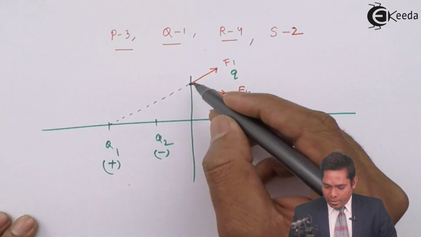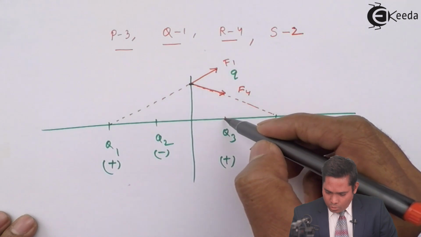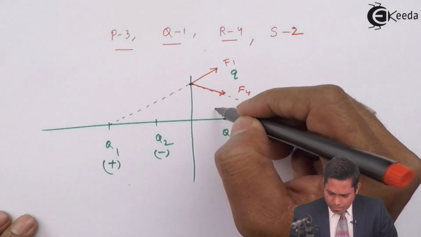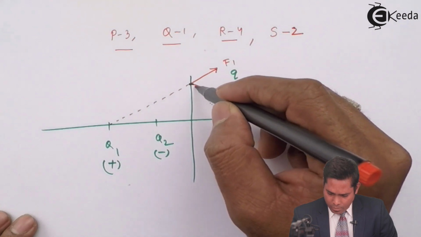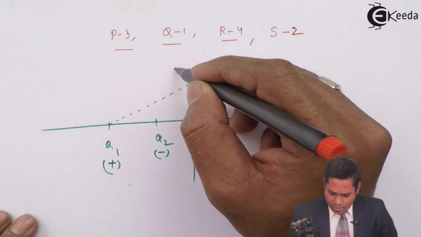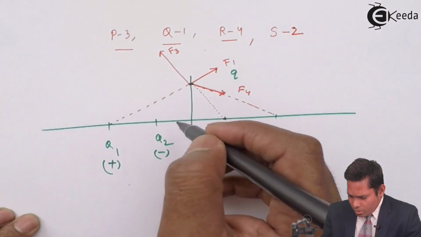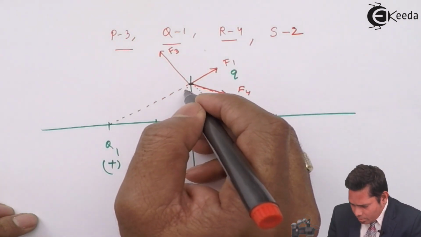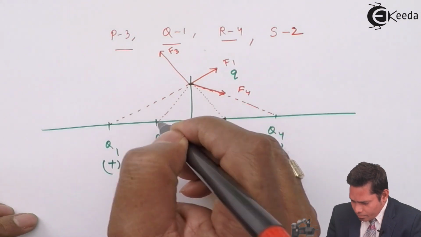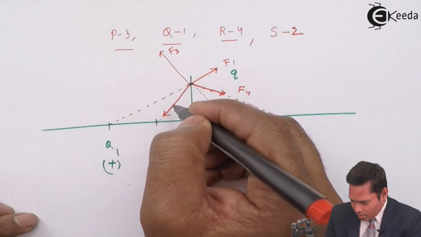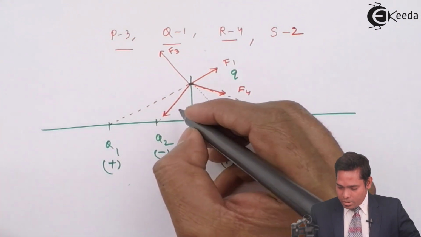Similarly, this is Q3, and being positive, this will repel and be greater in value. So this is F3. This one will also attract and is larger in length because this is a smaller distance.